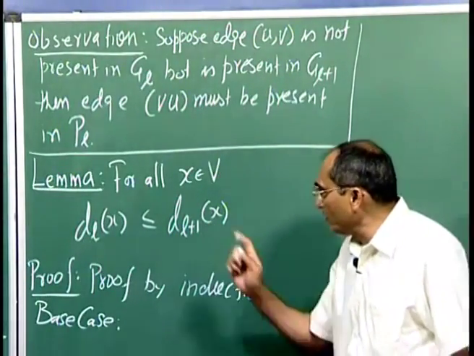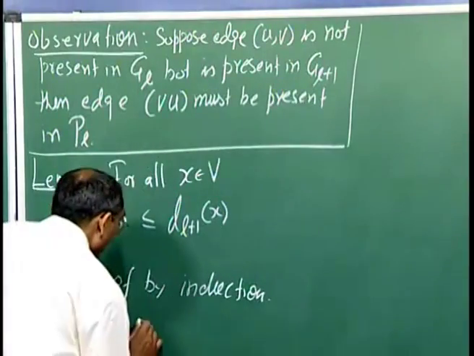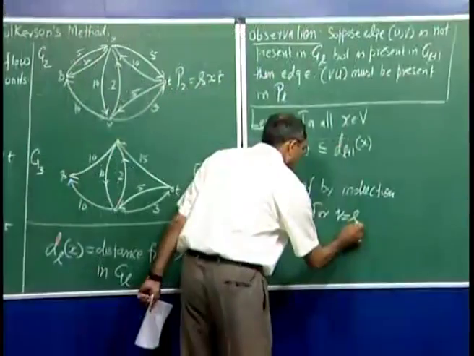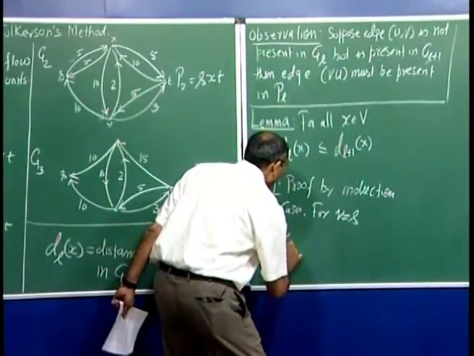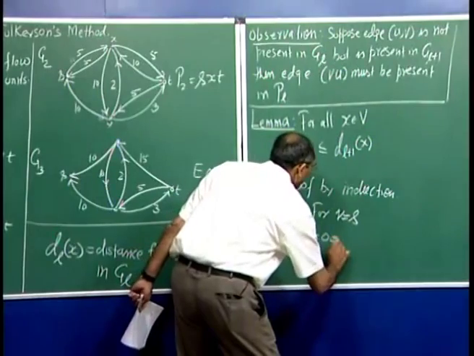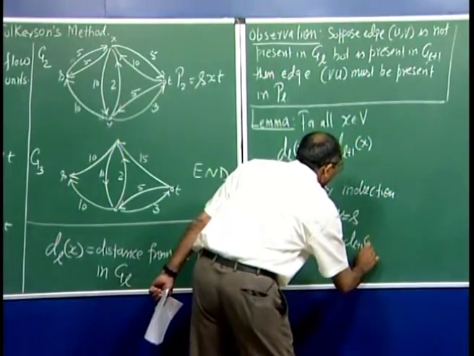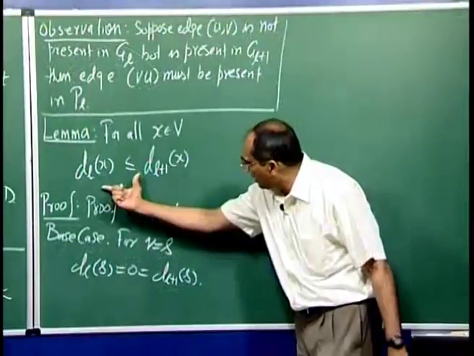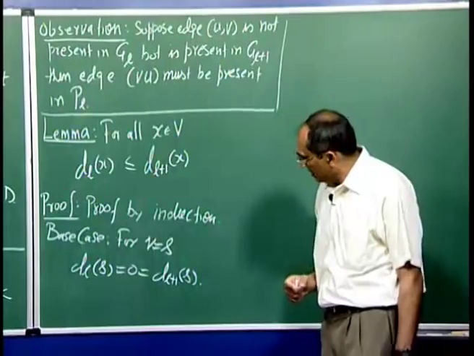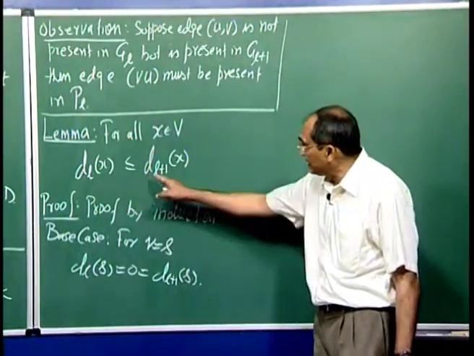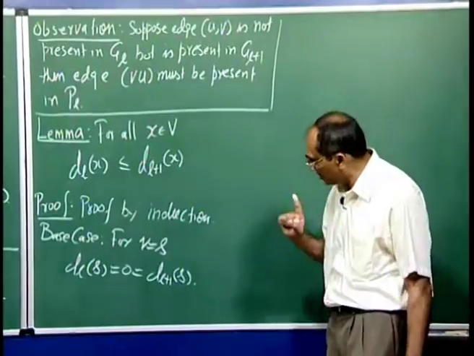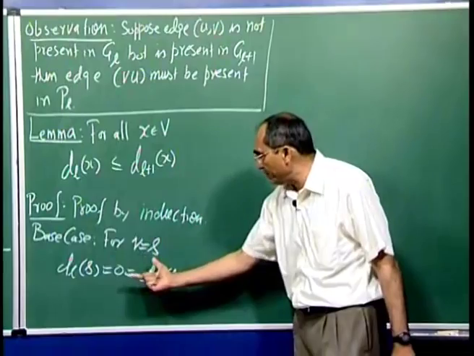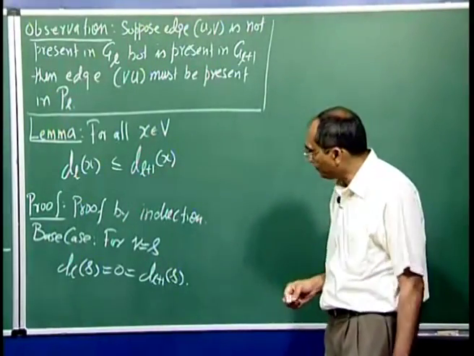Hence, for V equal to S, dl of S is 0, which is also in the next graph. So this inequality holds for the vertex which has dl plus 1 value 0. There is no other vertex with distance 0, hence we have proven this claim for the distance 0 case.